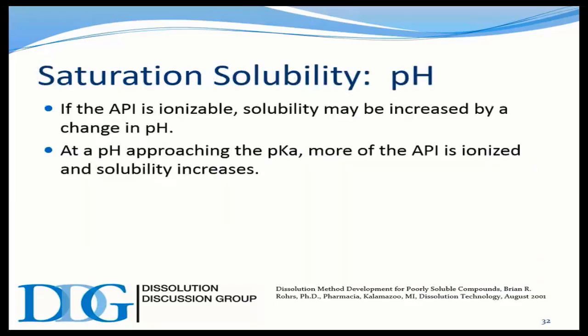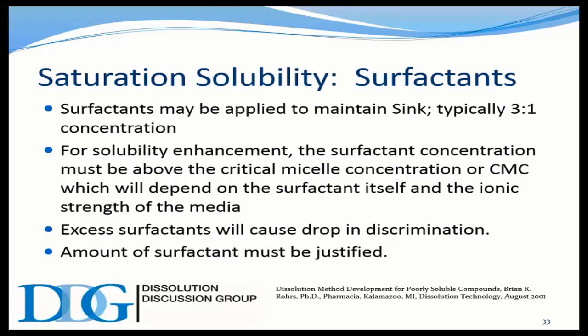The saturation solubility pH, if that API is ionizable, solubility may increase by a change in pH. At pH approaching the pKa, more of the API is ionized, the solubility increases. So these are just some things that can control that saturation through pH. Surfactants, they're probably the most go-to of solutions, but again, recognize that typically 3 to 1 is what you're shooting for.